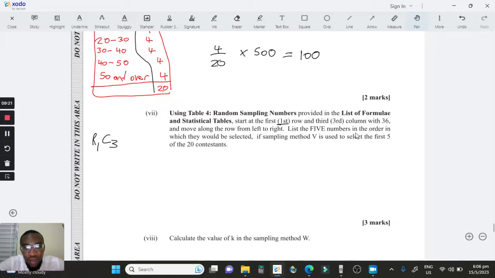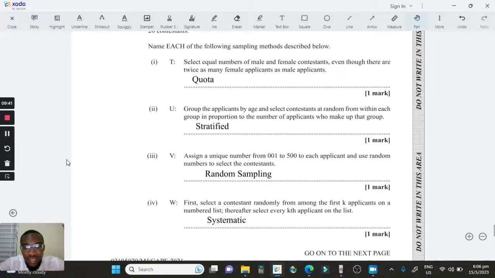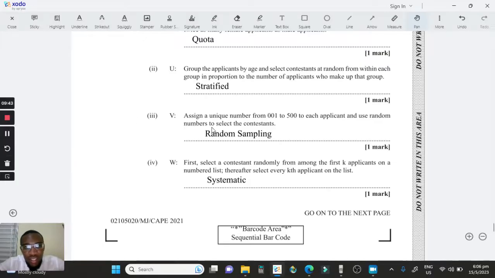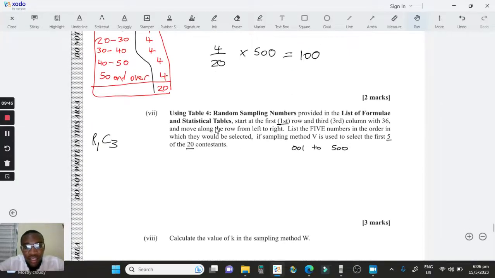List the 5 numbers in the order in which they would be selected if sampling method V is used to select the first 5 of the 20 contestants. Notice we're selecting 5 of the 20 contestants. If we're using the method where we go with 001 to 500, that's the one with V. We're using the random sampling technique, so we need numbers to fall within this range.